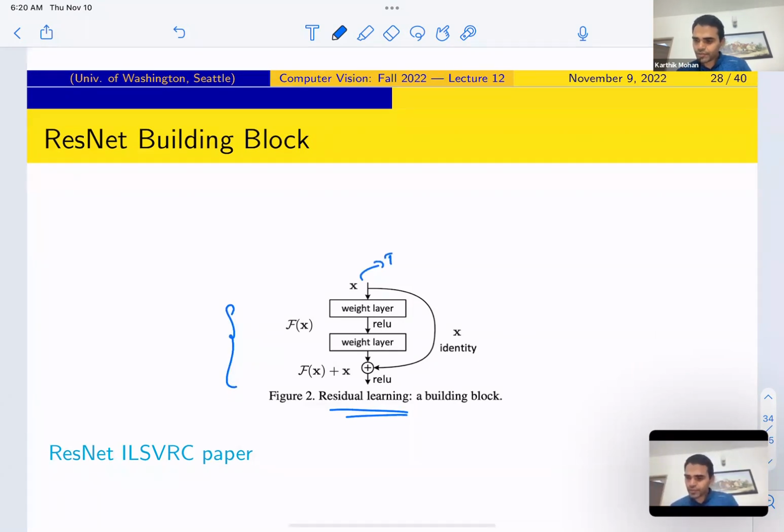This is the input and this is the output. And this is like a module that's sitting inside this 34 layers, right? It's somewhere in between. So if you didn't have this connection, then it's a plain neural network.